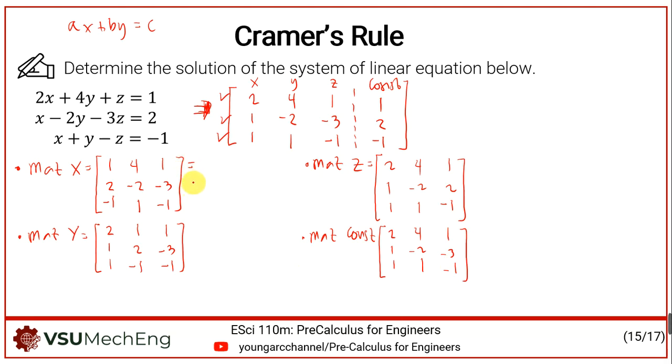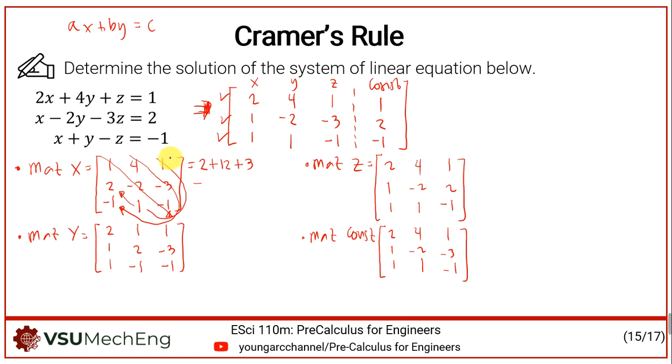Next, we'll proceed to the determination of the determinant. So for matrix X, we have 1 times negative 2 times negative 1, that will give us positive 2. Then plus 4 times negative 3 is negative 12 times negative 1, that's positive 12. Then plus 1 times 1 is 1 times 2 is 3, so positive 3.